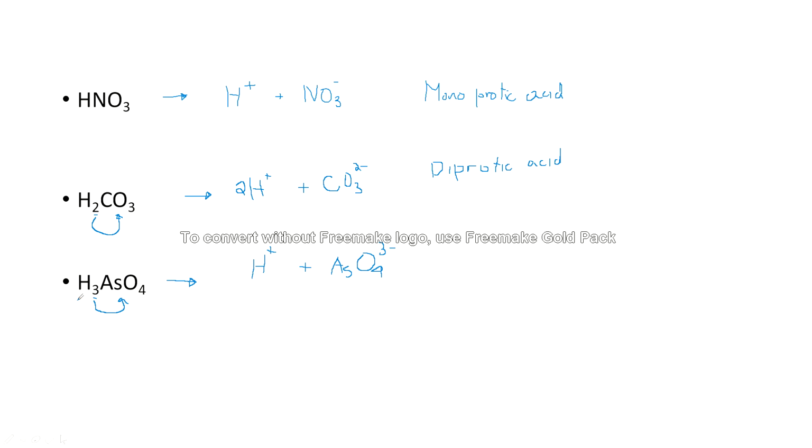Okay, let's try to balance. 3 atoms of hydrogen, 1 atom of hydrogen, meaning that we need a 3 beside the hydrogen. Now we have 3 hydrogen atoms, 1 arsenic, and 4 atoms of oxygen. At the end, we know that arsenic acid is a triprotic acid. Okay, that is it.